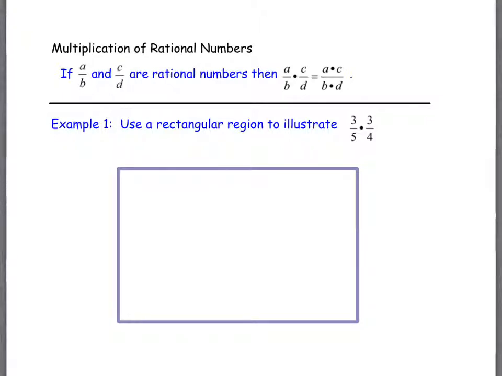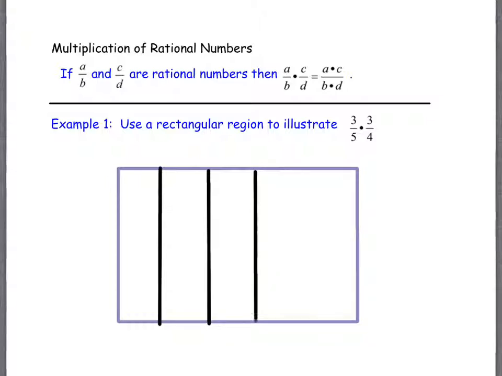And what we're going to do is we're going to split the rectangle vertically into, we'll go with the first one, 5, into 5 boxes. Try to make them roughly the same size. And if they're not, just know that you're not alone in not being able to draw.